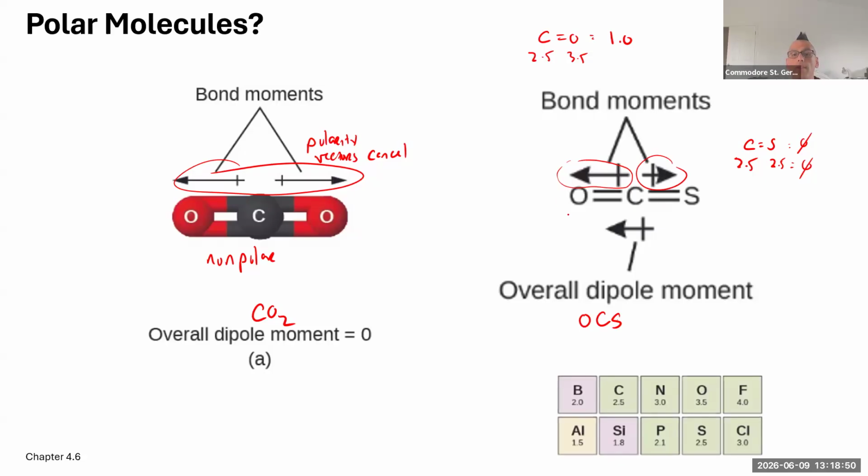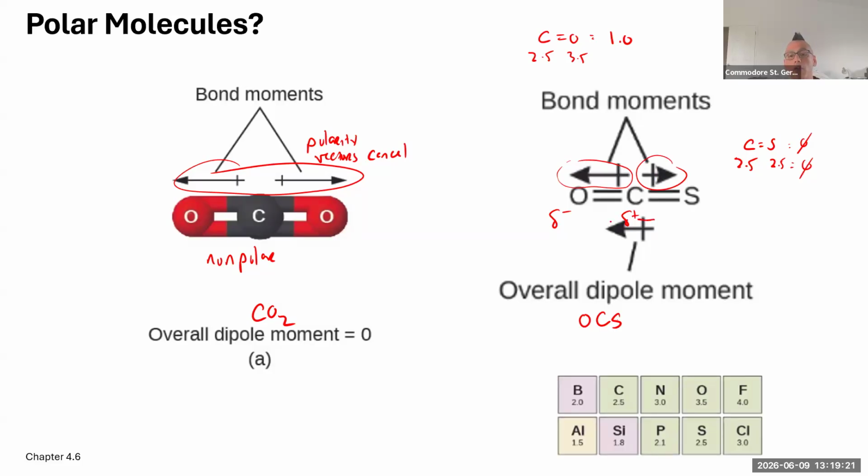Well, we know that this side is going to be now a little positive. Over here is going to be a little negative, and this is going to be a little positive. Here, there's no polarity vector, right? Because there's no real polarity difference. But as you can see, this is going to be smaller. It can be zero or small.